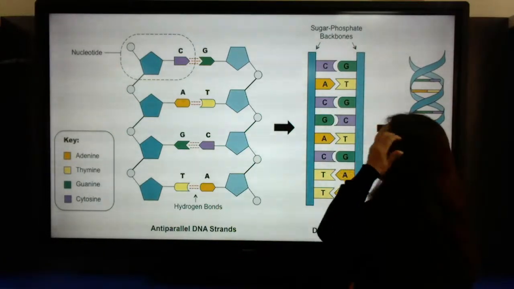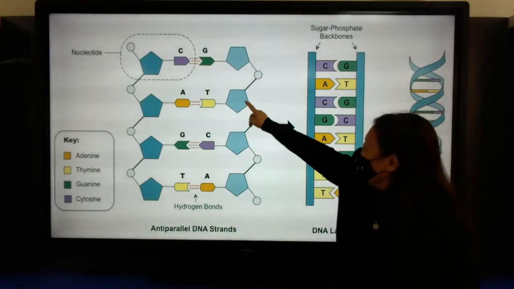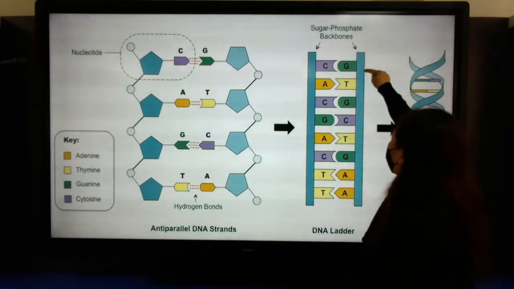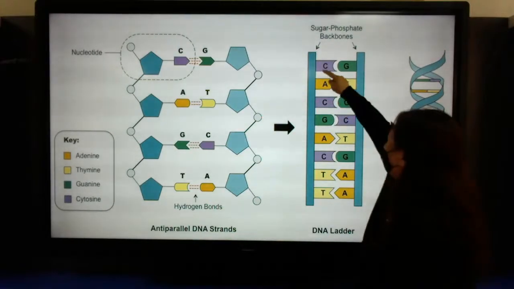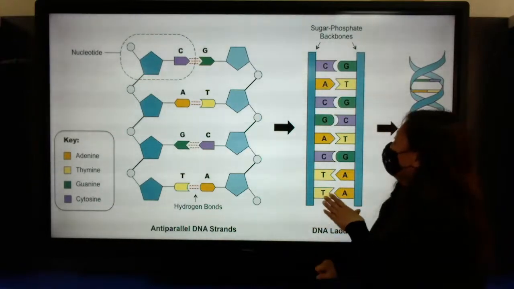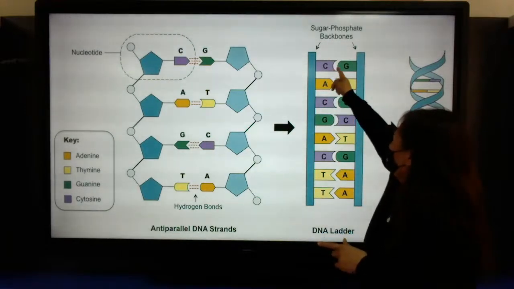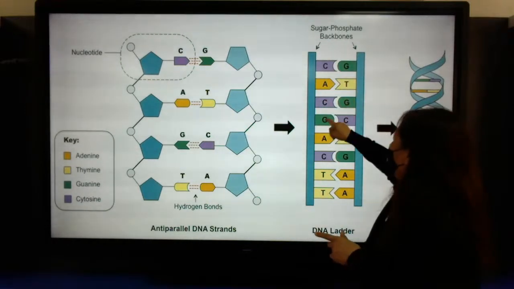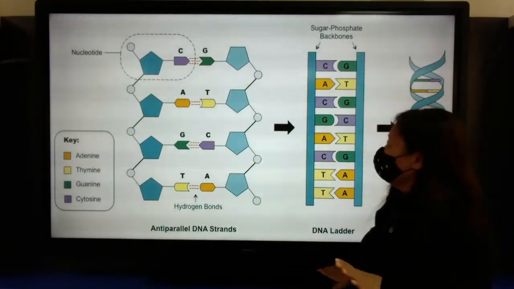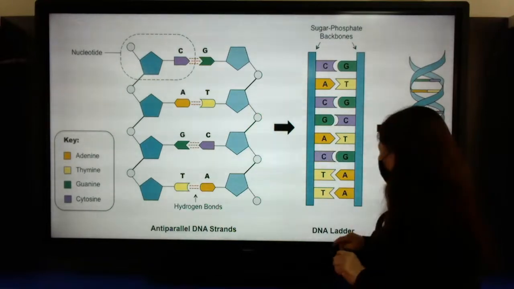Now, this one here, sugar and phosphate, makes up what we call the sugar-phosphate backbones, okay? So this side is made up of sugar-phosphate backbones. And you will see here the base pairings. So sugar-phosphate backbone is made up of sugar and phosphate molecule.